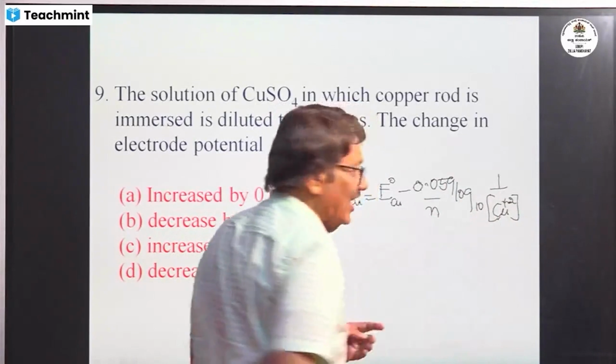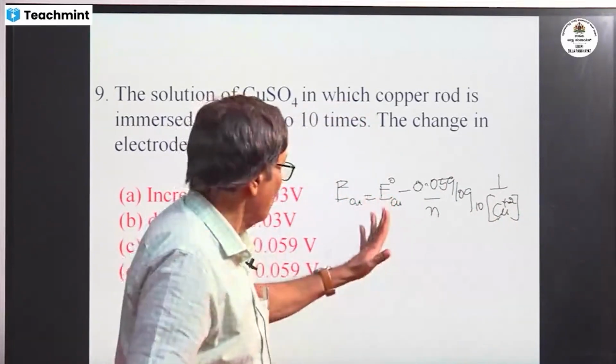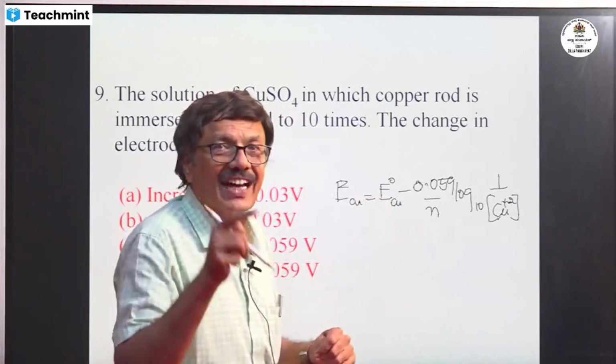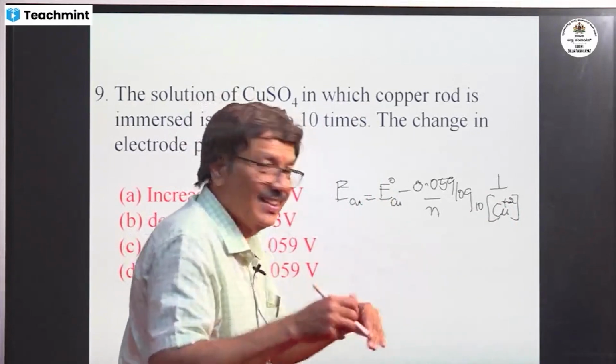This is the Nernst equation for a single electrode, the copper electrode. Now they are diluting the concentration to 1/10.